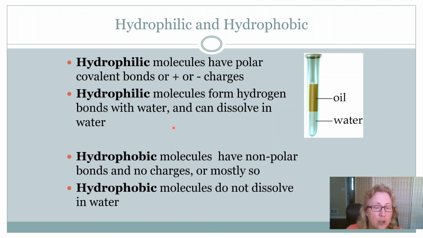Something like sugar has a lot of oxygens in it. So that's the reason why sugar dissolves in water. Sometimes the molecules even have a full positive or negative charge, not even a partial charge. It's some kind of an ion. Those also are going to be able to hydrogen bond with water.